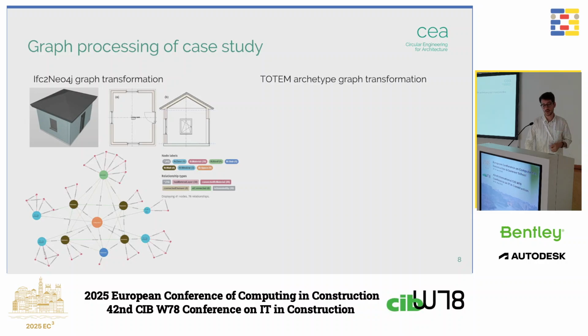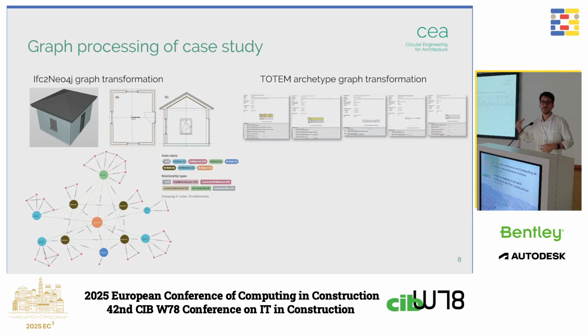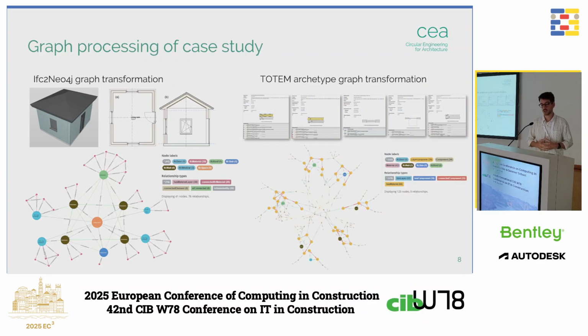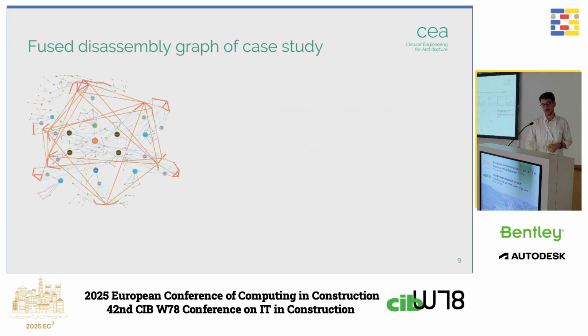So we have the IFC graph on the left. We manually selected the according element archetypes from the Totem database, and also transformed them to Neo4j, a labeled property graph. And in the end, we fused these two graphs together using the model I showed before.